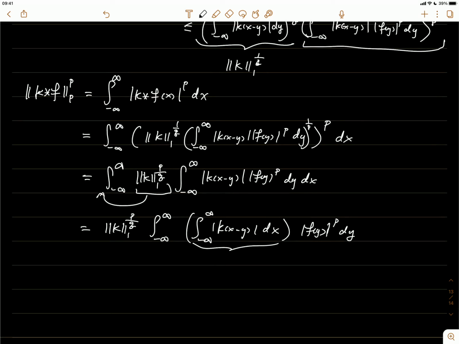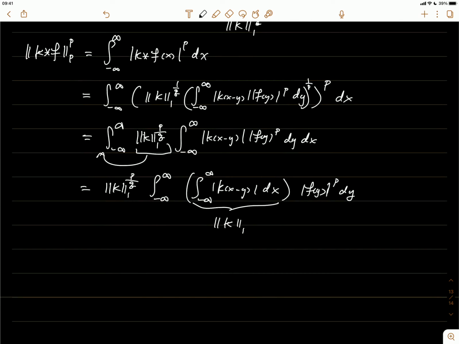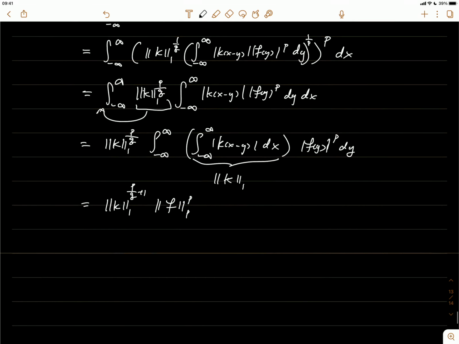But now after I take the integral with respect to x, from negative infinity to positive infinity, this is just the 1 norm of k. And the rest is just the pth power of the p norm of f. So now I have the 1 norm of k to the p over q plus 1 times the pth power of the p norm of f. But remember, p over q plus 1 is equal to p times 1 over q plus 1 over p. But this is equal to 1. So this whole thing is just equal to p.